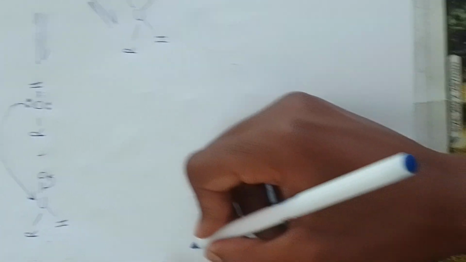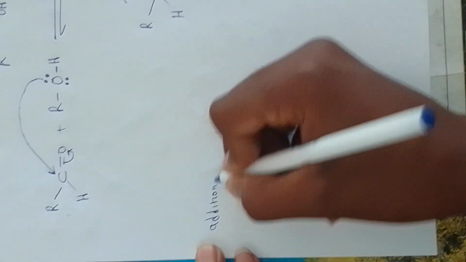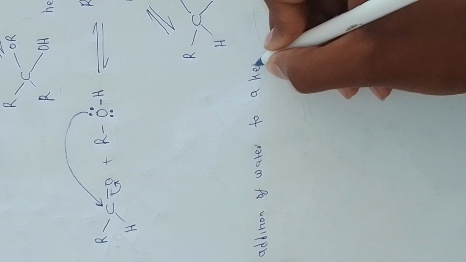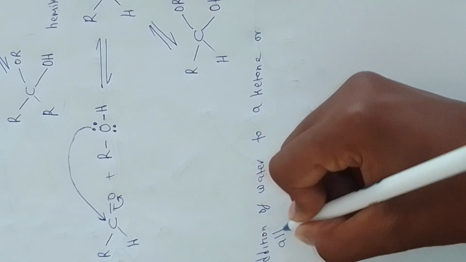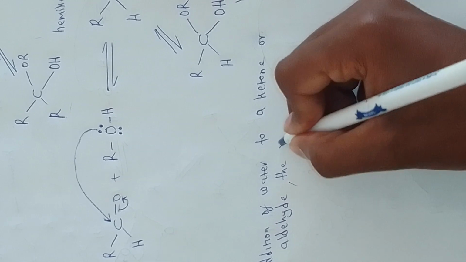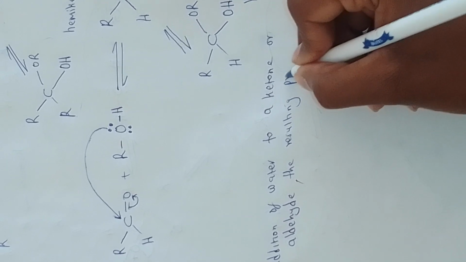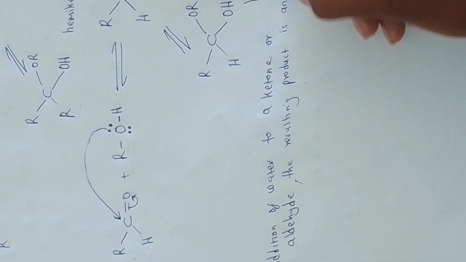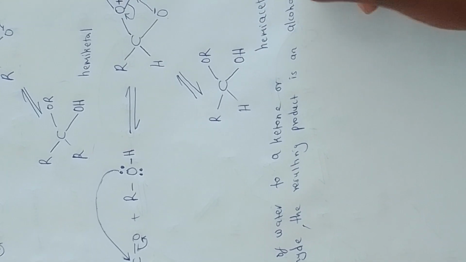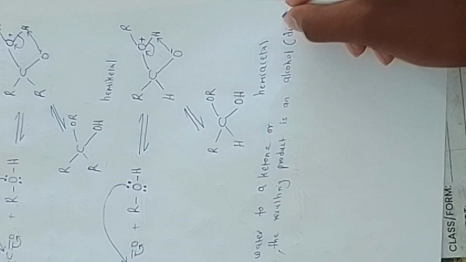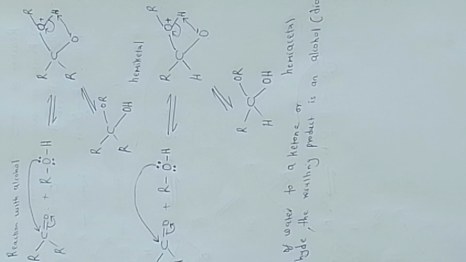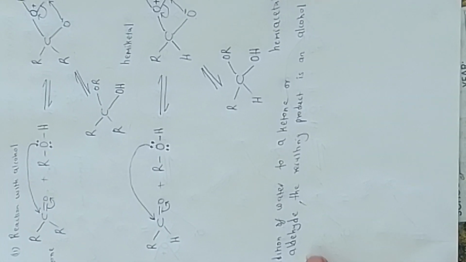Addition of water to a ketone or aldehyde, the resulting product is an alcohol, in brackets, a diol. The resulting alcohol has two functional groups of alcohol, which is OH. That's why it is a diol, an alcohol which has two functional groups.